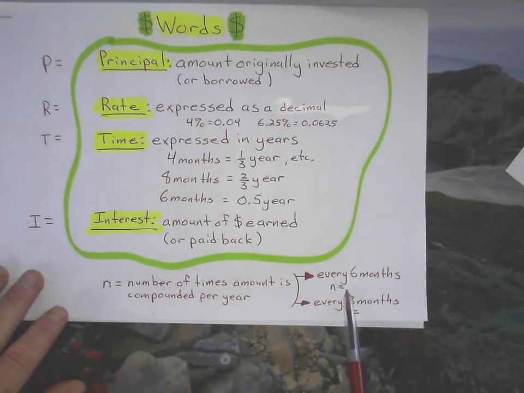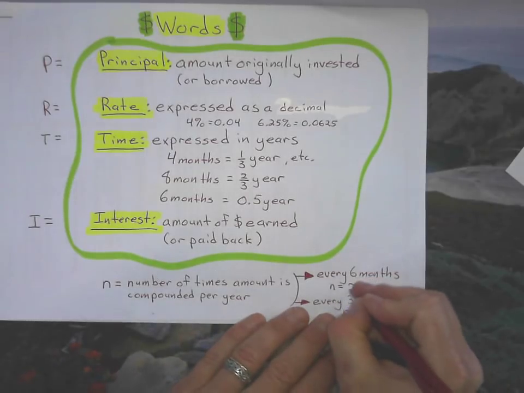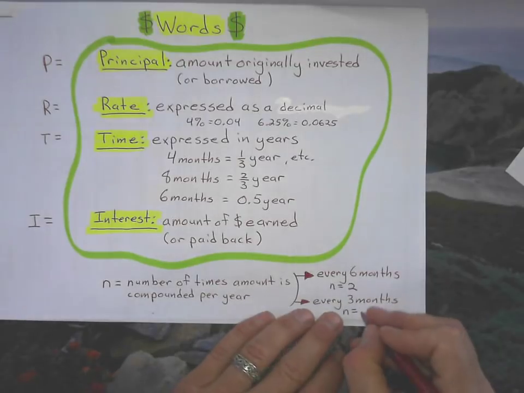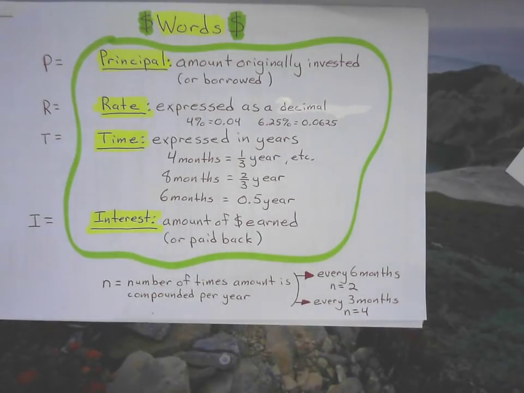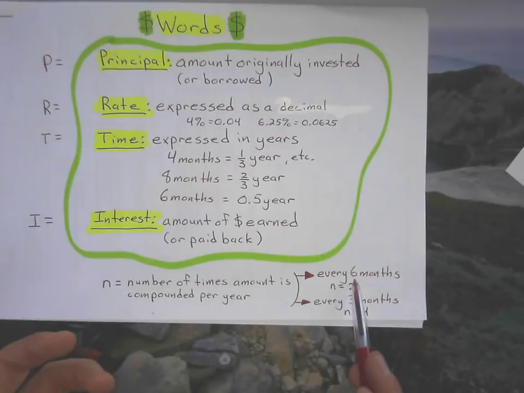So, for example, if it's compounded every 6 months, n's not going to equal 6, n equals 2, because that's 2 times a year. There are 2 6-month periods in a year. And if it's compounded every 3 months, that means n doesn't equal 3, but 12 divided by 3, which is 4. Okay? So keep in mind, number of times that it's compounded per year doesn't mean number of months, it just means how many times in one year.